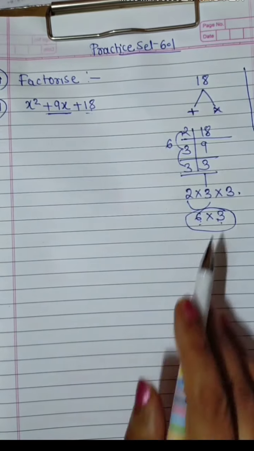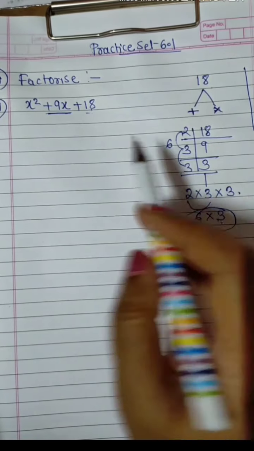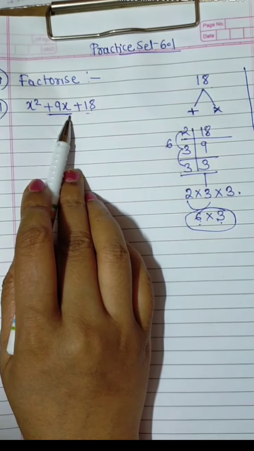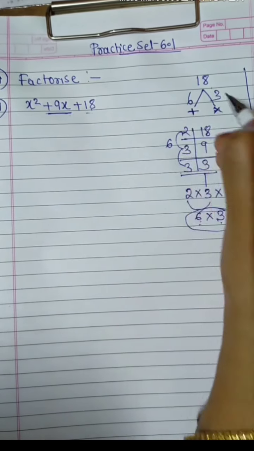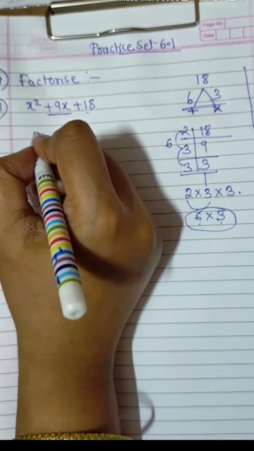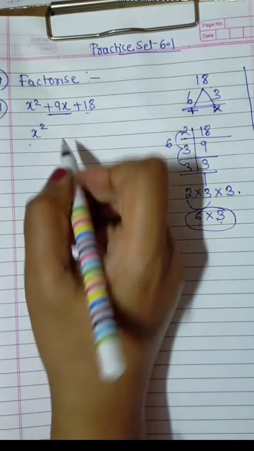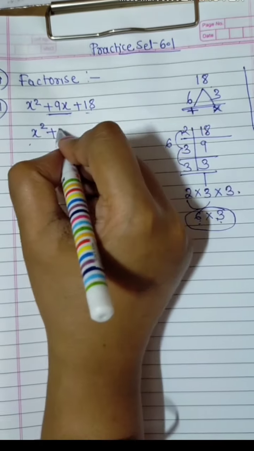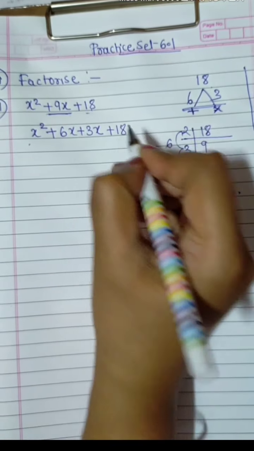So when we multiply we should get 18, and when we add we should get 9x. So we will take 6 and 3. These two numbers we are going to take here. So I am writing x square plus 6x plus 3x plus 18.